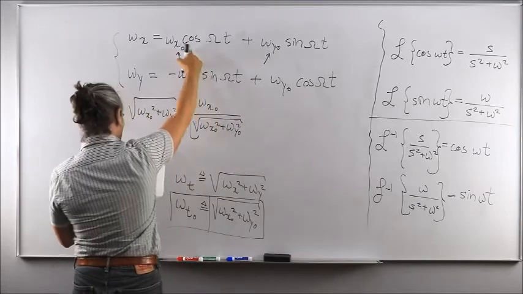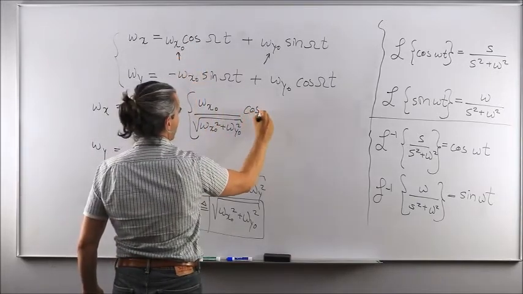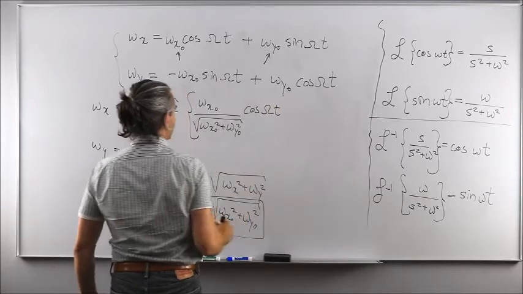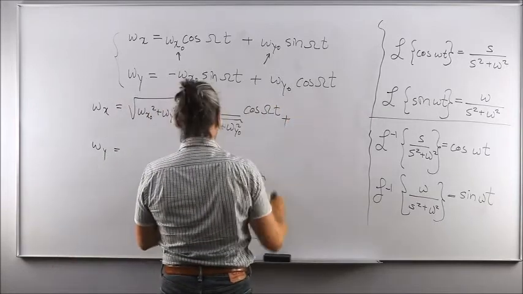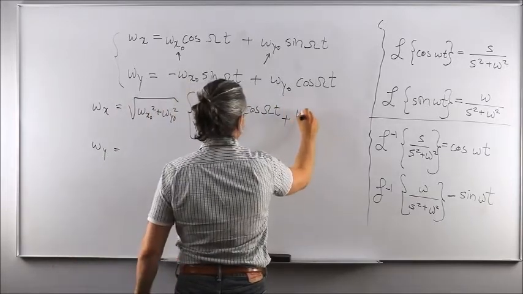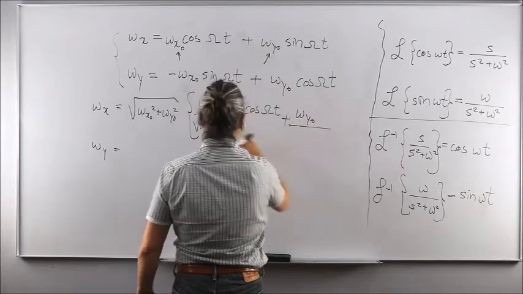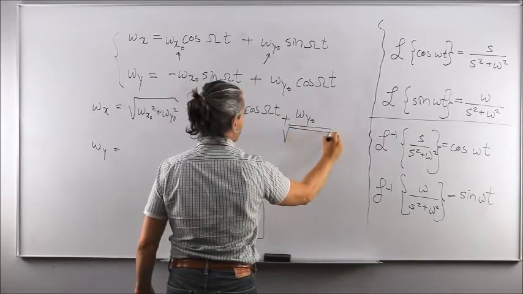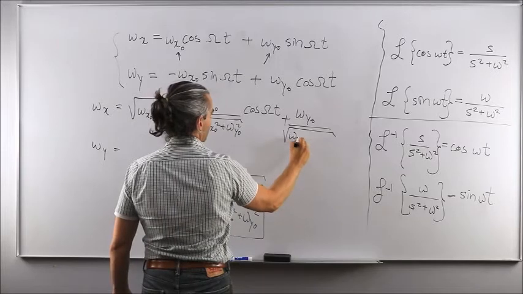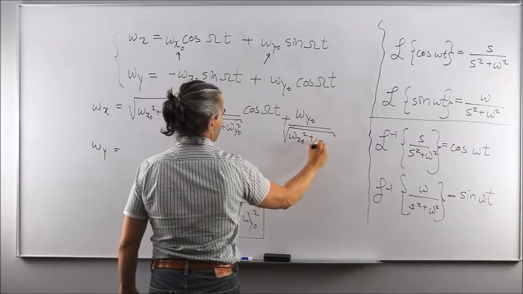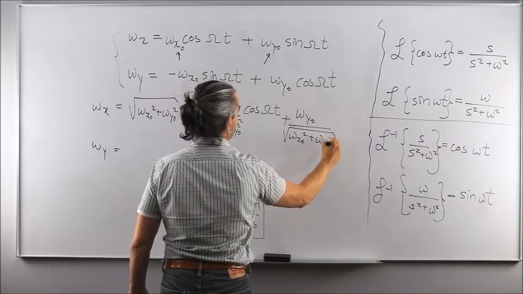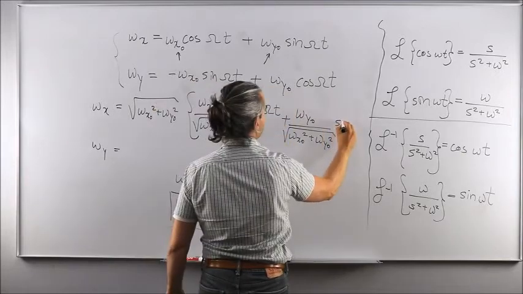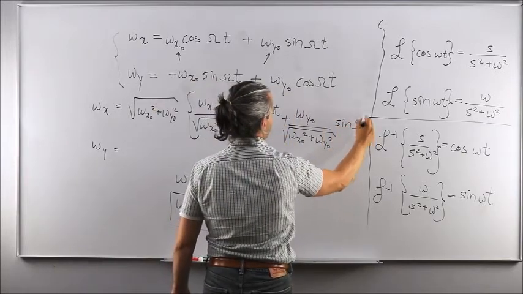This was multiplying cos of our relative spin rate time, plus omega y naught over the same denominator. So that's our square root of omega x naught square plus omega y naught square. And this was multiplying sine of omega t.